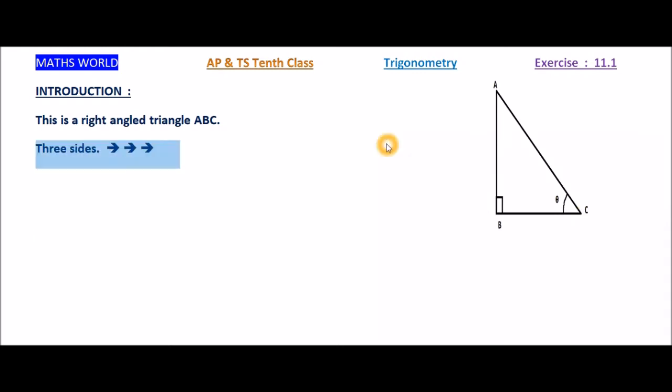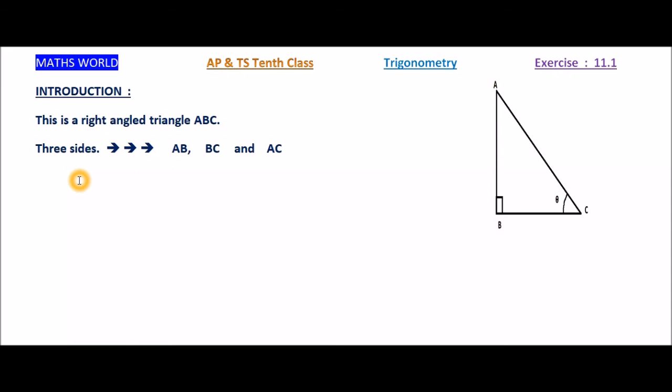And how many sides are there? In this triangle, there are 3 sides. What are they? The first side is AB, the second side is BC, and the third side is AC. There are 3 sides: AB, BC, AC.